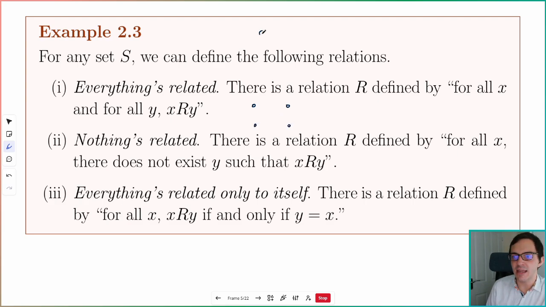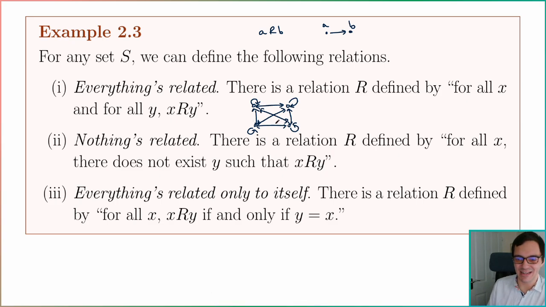So if A is related to B, you might draw an arrow from A to B. And in this case, my first relation, everything is related. So I draw arrows, maybe two-headed arrows, between everything and across the middle. And importantly, everything's related to itself. I say for all X and all Y, and I mean it. So there's a relation where everything is related.